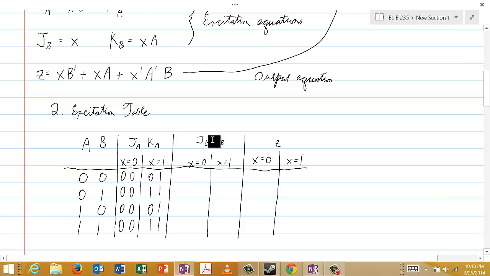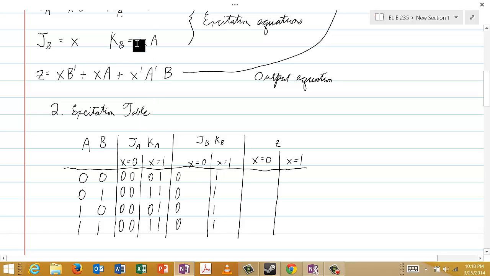And now we want to calculate JB and KB in those same situations. Okay, JB is equal to X, and so in this first column X is equal to 0, so we have 0, 0, 0, 0. And in fact, we might as well go ahead and fill in the second column as well, because JB again is equal to X, which in the second column is 1. Now what about KB?